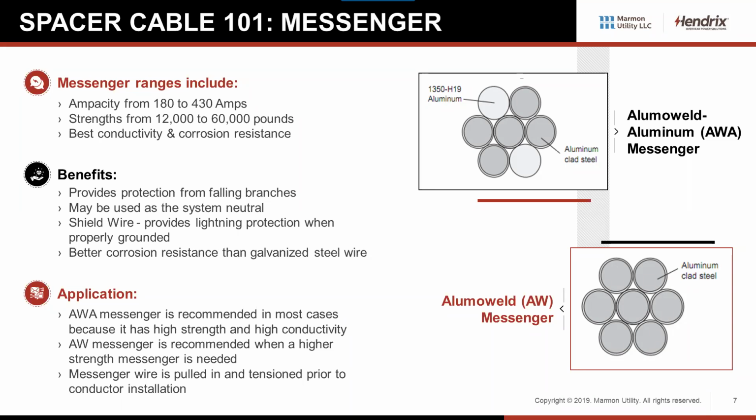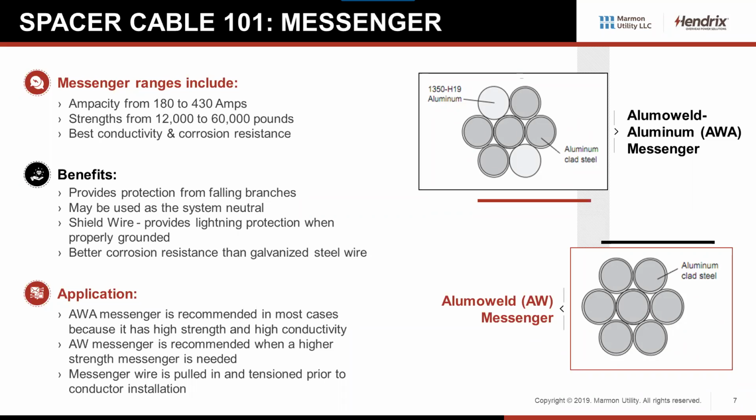The other thing that it does is our recommendation is to ground it at the most every 500 feet, although most utility companies will ground it at every pole. So since it's on top of the system and everything's hanging below it, if it's grounded properly, it really kind of works just like a shield wire like you'd have with transmission.